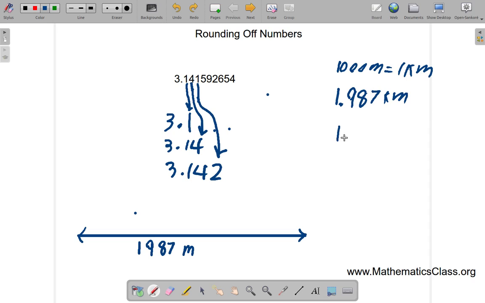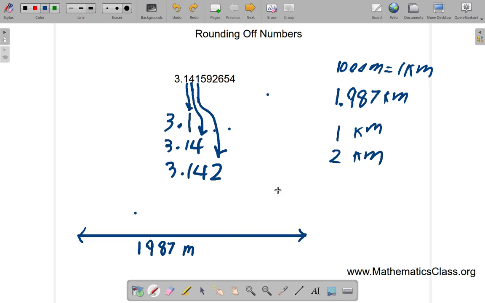Would you write 1 kilometer, or would you write 2 kilometers? The rule tells you to write 2 kilometers, because you're stopping at the 1 and the number to its right is more than 5. If it's 5 or more, you go back and add 1 to this. So you would write 2 here instead of 1.